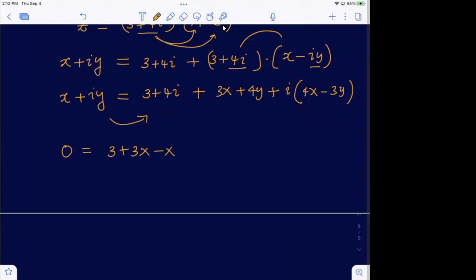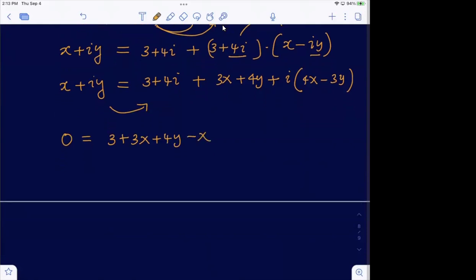And then, in fact, it's not only 3, it's 3x plus 4y, and then this term appears as a negative x. I will write it, and that is all the real part, the entire real part that I have for this complex number.